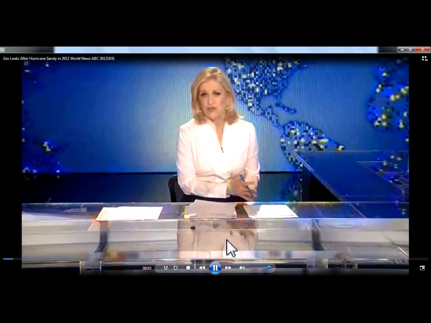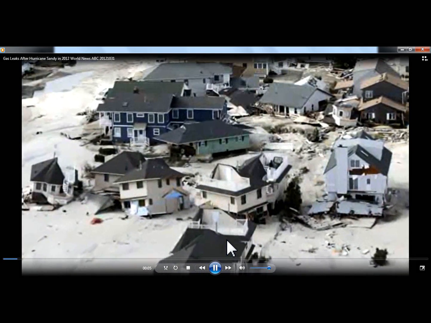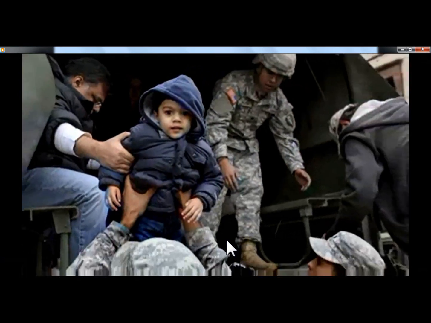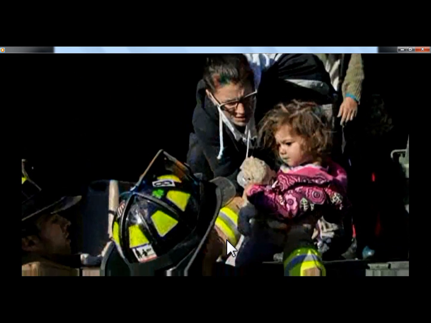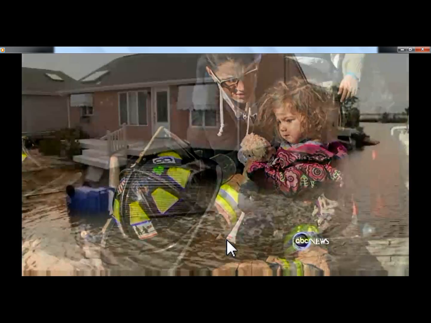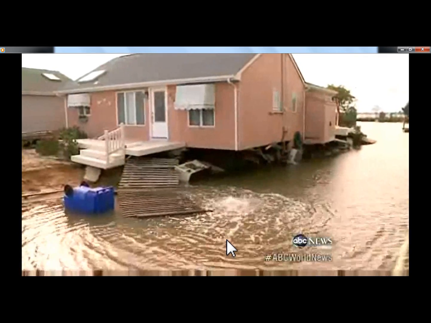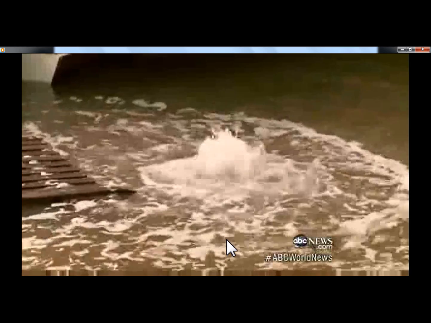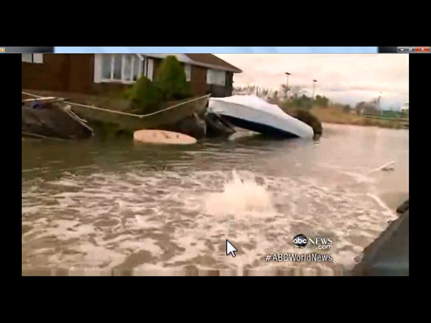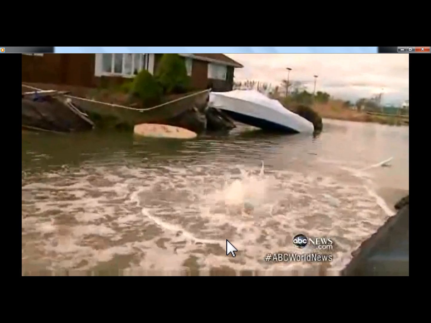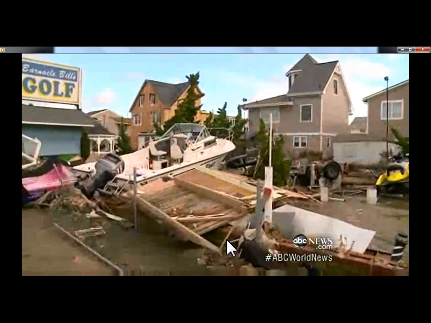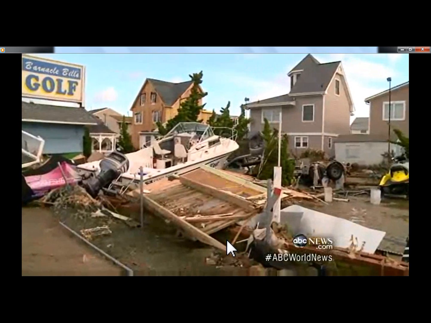Look at this. New scenes of utter devastation. Thousands of people still stranded, and at this hour, rescuers still scrambling to pull families out of harm's way. Also tonight, a new terror. Can you see that in the water, the bubbling up? That geyser is flammable gas spewing out of a pipe, and it's happening all across one town. A single spark could ignite everything. And the people there can hear the hissing sound as it leaks.